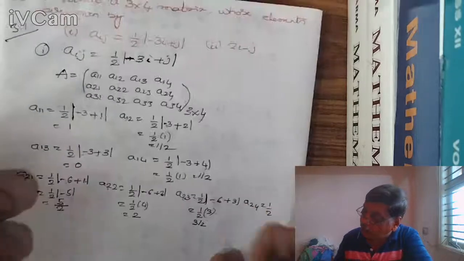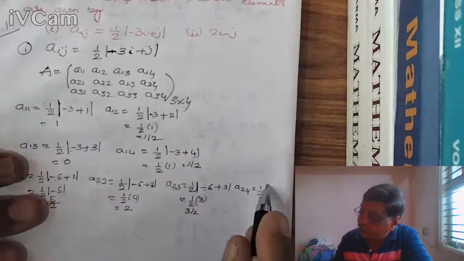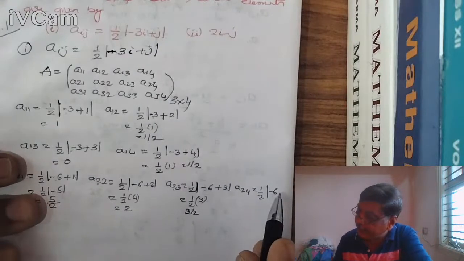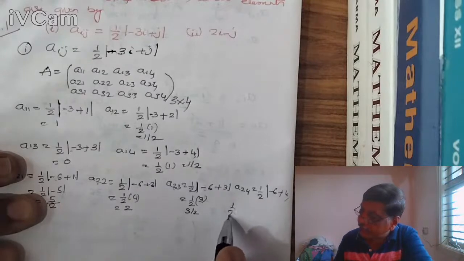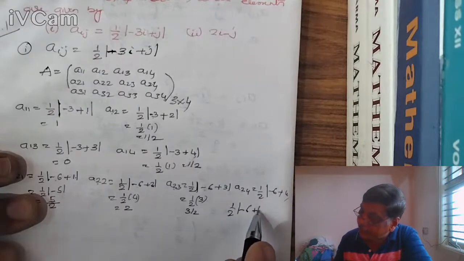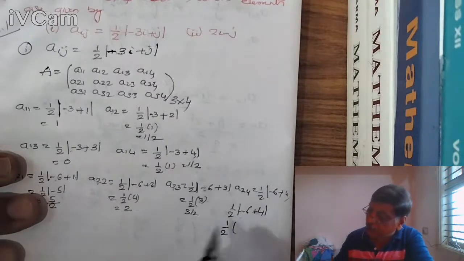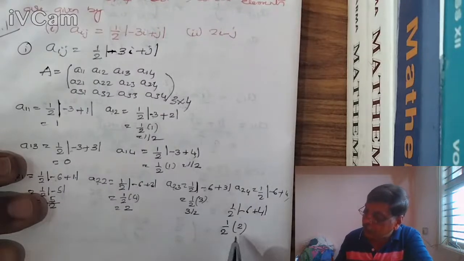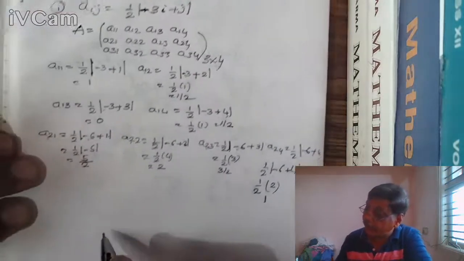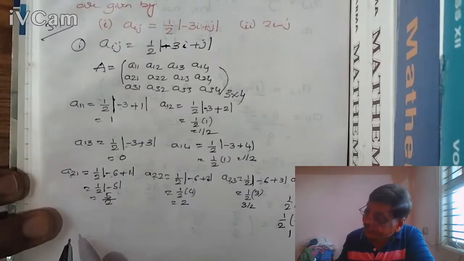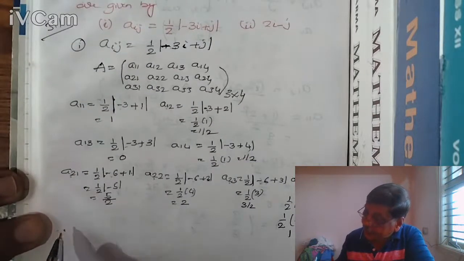A24 is half into modulus of 2 into minus 3, minus 6 plus 4. That is half into minus 6 plus 4, which is minus 2. After taking it outside of the modulus sign, it is 2, so half into 2 is equal to 1. Okay. Next, we find A31.